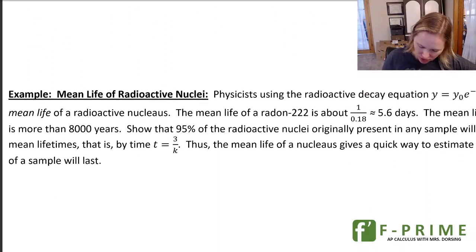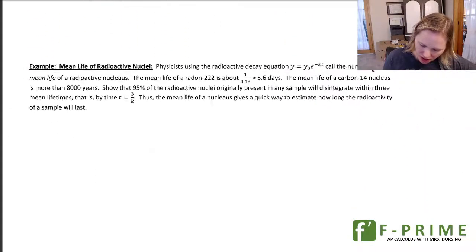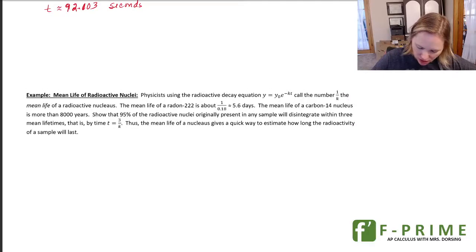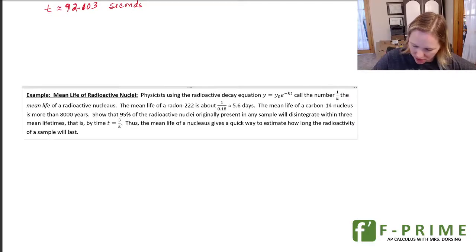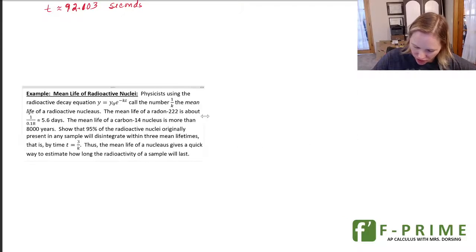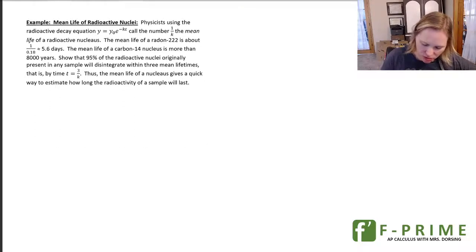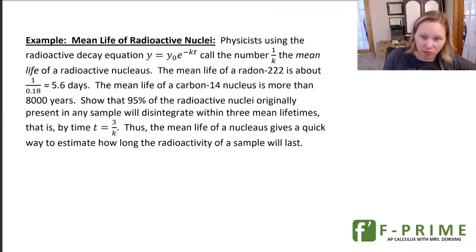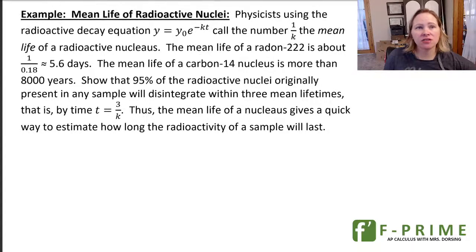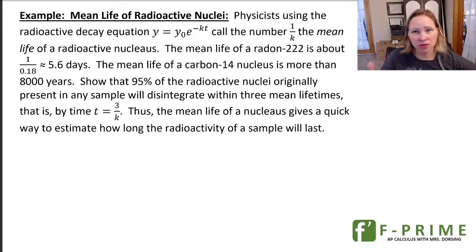So let's keep going. Let's see some more examples here. So here we've got the mean life of radioactive nuclei. Ooh, this sounds fun. We'll zoom in a little bit so we can read it better. Physicists using the radioactive decay equation call the number 1 over k the mean life of a radioactive nucleus.